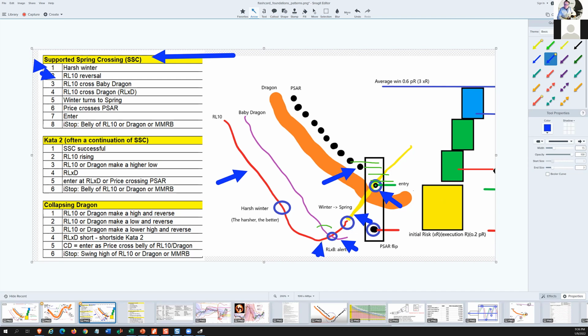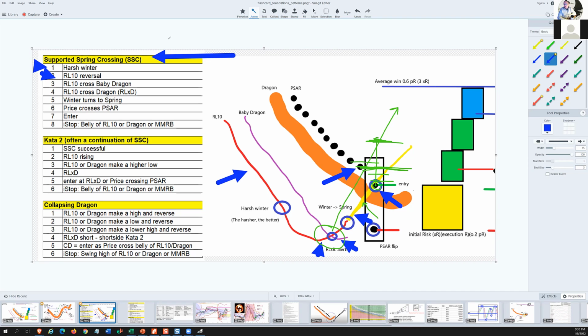And then wherever this thing decides to turn, sometimes this will rocket through here so fast that it leaves the RL10 behind. And so when the RL10 crosses and you want to enter, you look up and you say, oh man, price is already way up here. I could have entered when it crossed the PSAR, and that's what I want you to do.